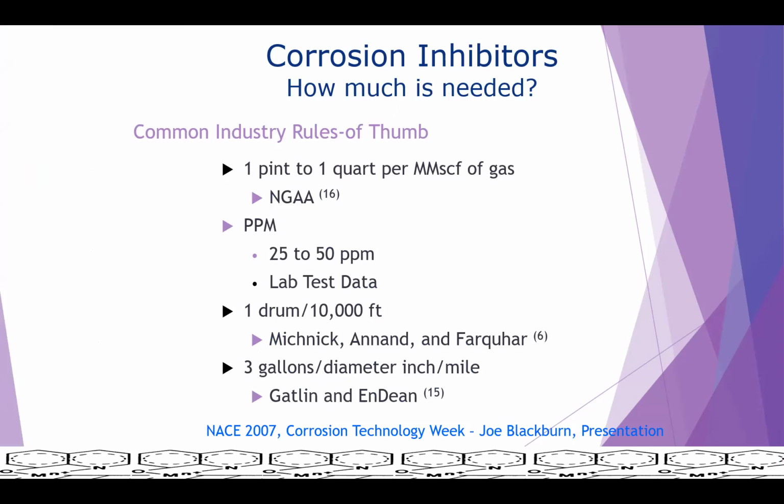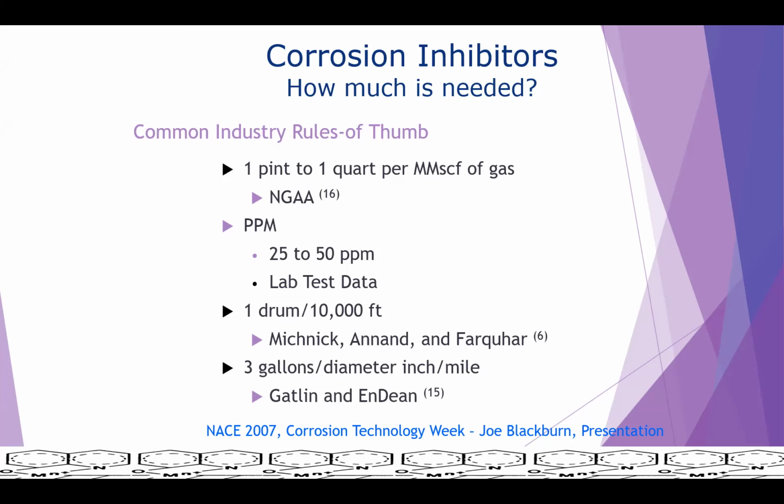In 2007, I had the opportunity to listen to one of the very good presentations made by Joe Blackburn. That presentation is still available with me. If you're interested, I can share. What Joe did was collect from the industry the various rules of thumb used for how much corrosion inhibitor is needed in the field.